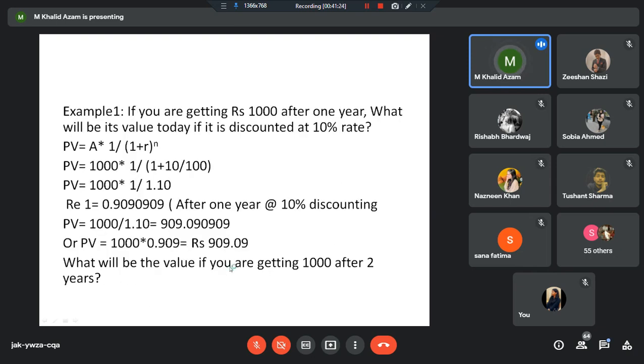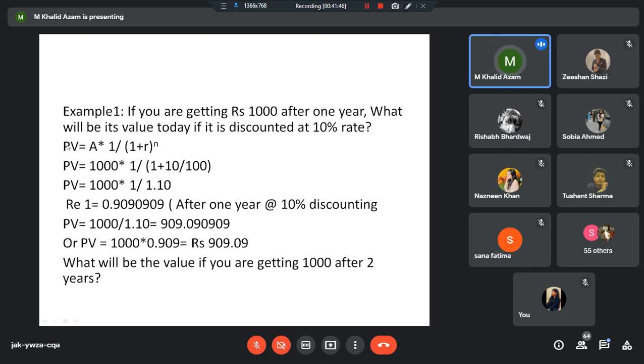If you are getting 1,000 rupees after 1 year, what will be its value if it is discounted at 10%? Very simple example here.